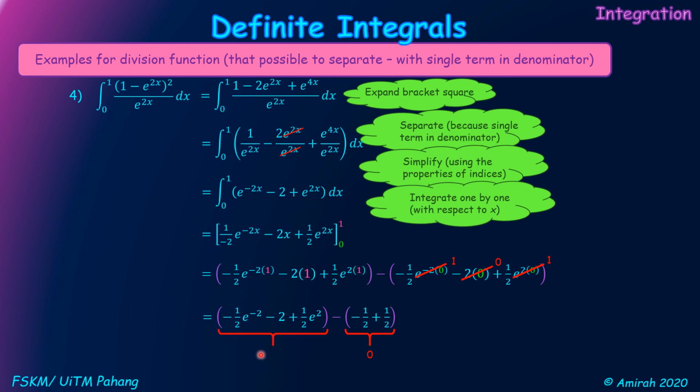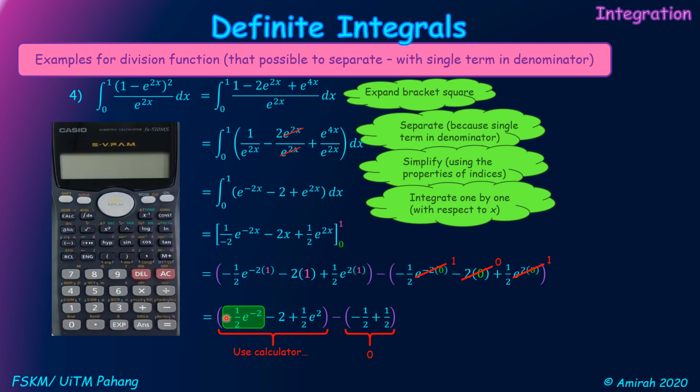Okay, how to use the calculator? Let's say we want to find the value of negative 1 over 2 e to the power of negative 2. When we use the calculator, fx 570 MS, to solve this part only, first we press the negative button, and then 1 over 2, so 1, and then over, and then 2, and then times e.